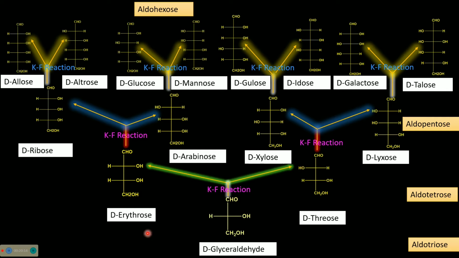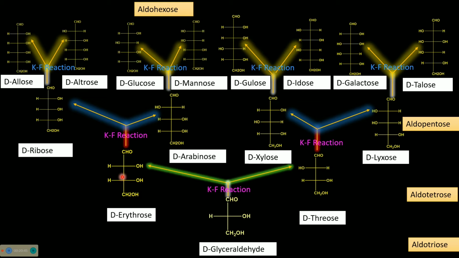I think you understand. Now this is D-erythrose and this is D-threose. From D-glyceraldehyde we obtain D-erythrose and D-threose. Here is one chiral center, here are two chiral centers. In D-erythrose, this configuration comes from the reactant and is fixed, so another new chiral center is formed, this one. If in one product it is on the right side, then in the other product it should be on the left side.